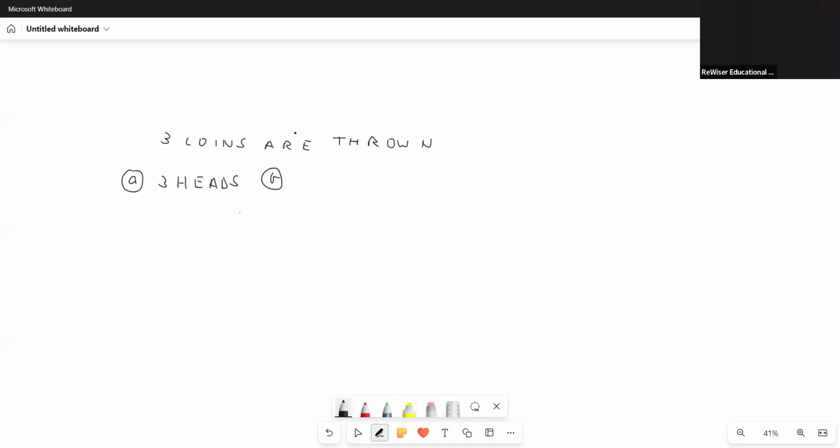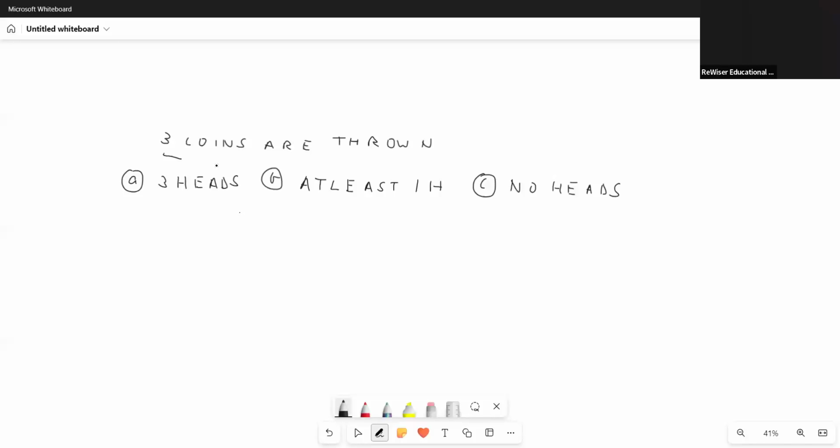Part B, of getting at least 1 head. Part C says no heads. If this is the type of question asked, then in this case we have to go for sample space.